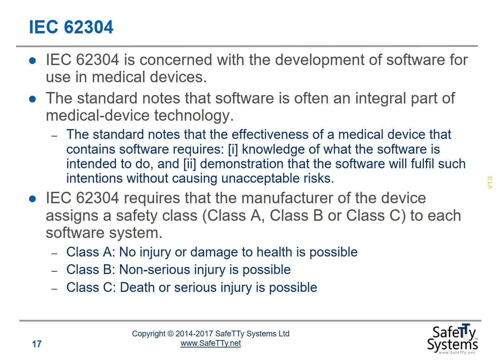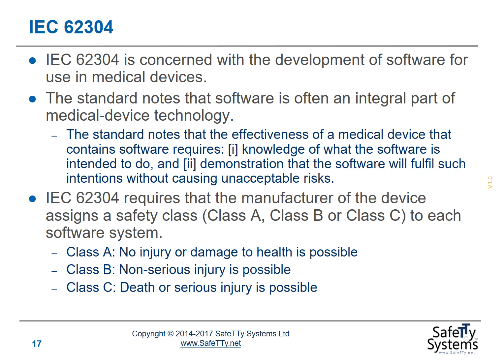IEC 62304 requires that the manufacturer of the device assigns a safety class, Class A, Class B, or Class C, to each software system. Class A means no injury or damage to health is possible. Class B means non-serious injury is possible.